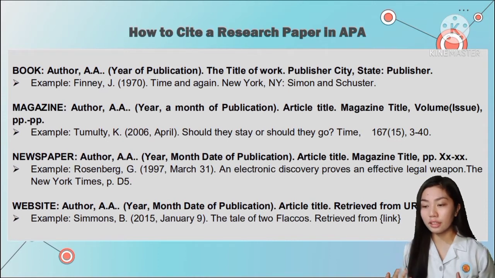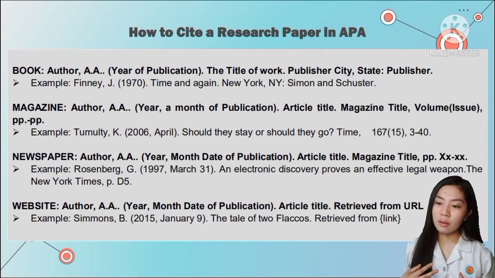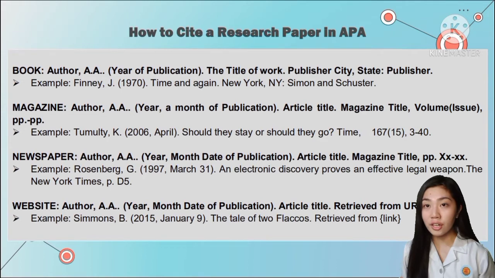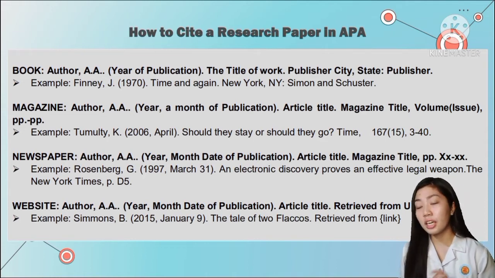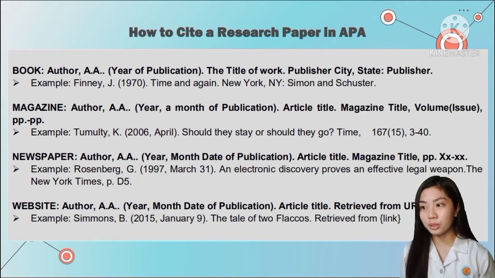Then, pag sa website naman natin kinuha yung ating source: author, then initials, then year, month, date of publication, article title, retrieved from URL. Example: Simon B., 2015, January 9, The Tale of Two Flacos, retrieved from link. So, kapag iba-iba yung sources, iba-iba din yung pag-cite ng APA style.